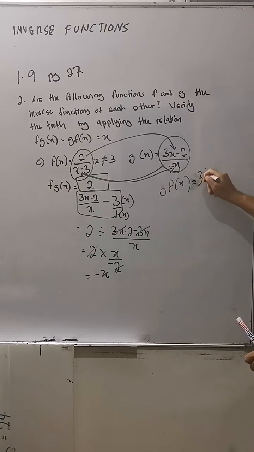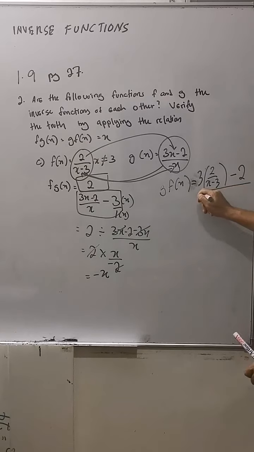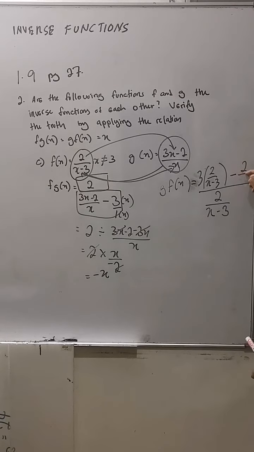So we have 3 times 2 over x minus 3 minus 2, over, replace that thing here also, 2 over x minus 3. Okay, so what we have to do here is just to simplify the top here. 2 is 2 over 1 multiplied by x minus 3. Okay, 2 will be x minus 3.